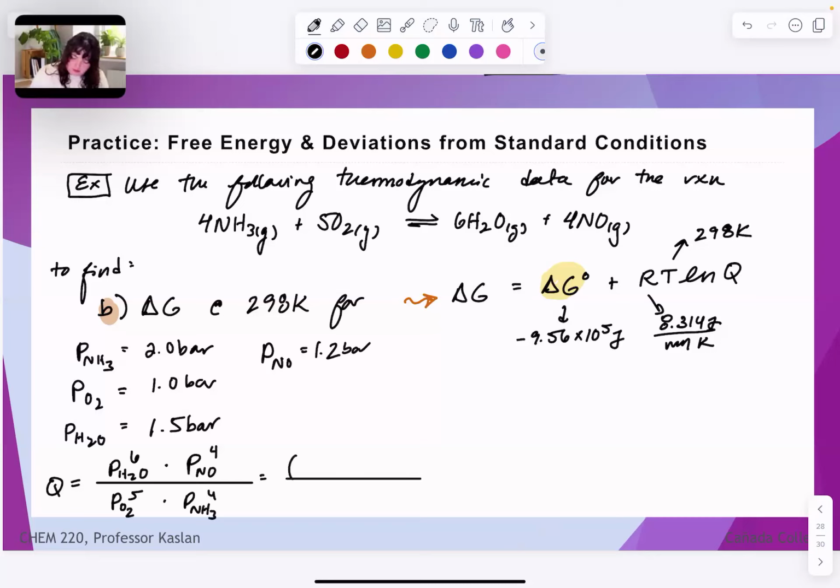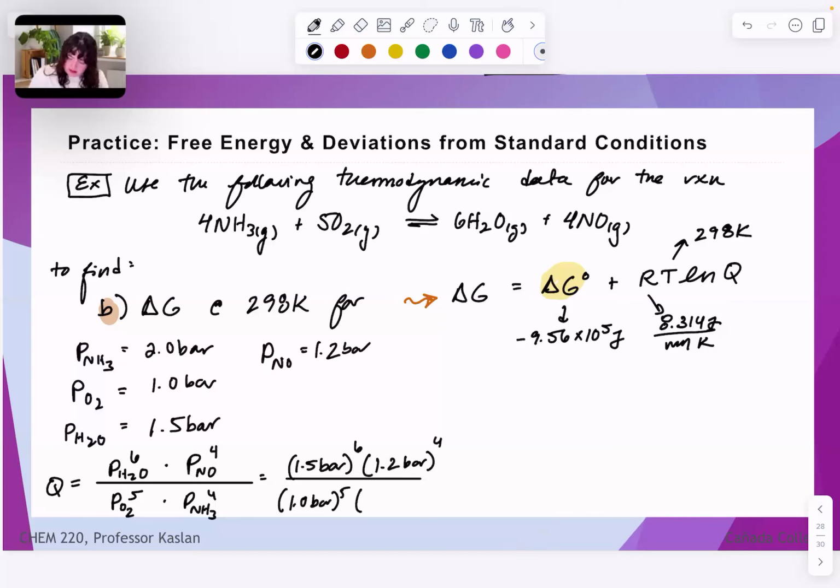So that is going to be pressure of H2O, that is 1.5 bar raised to the 6. Pressure of NO, 1.2 bar raised to the 4th. And then pressure of oxygen, 1.0 bar raised to the 5th.